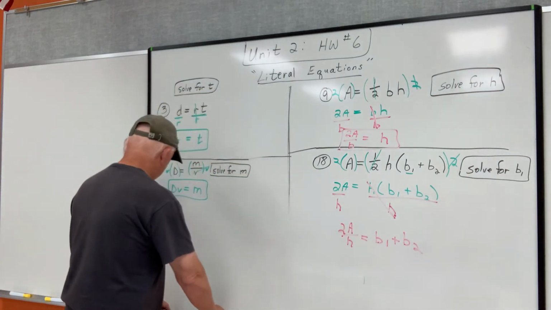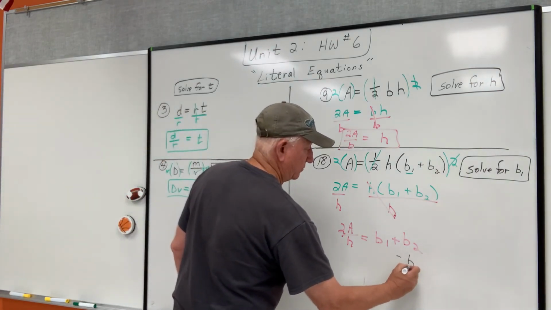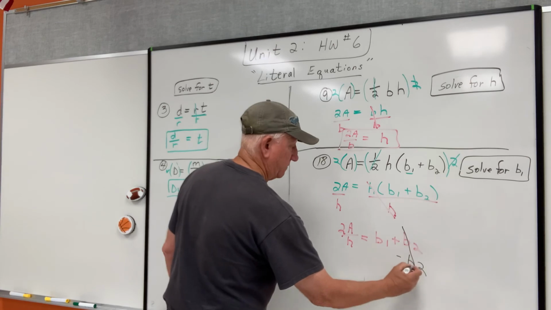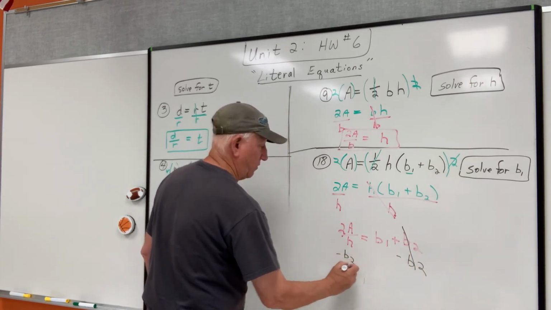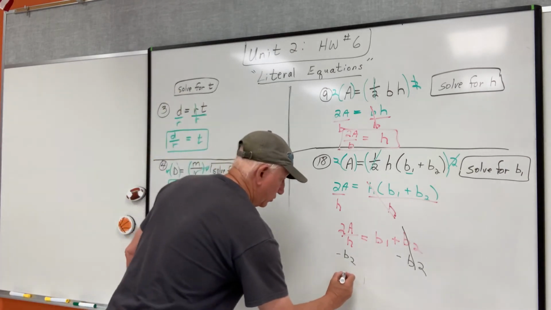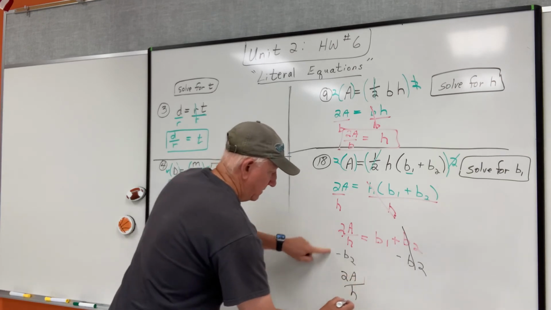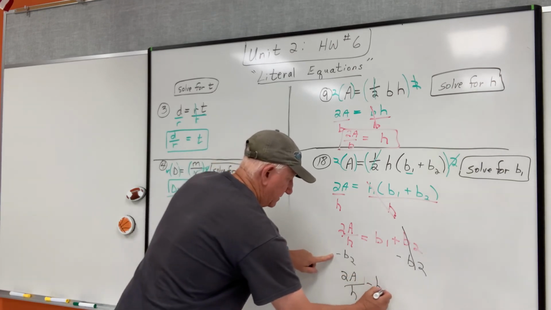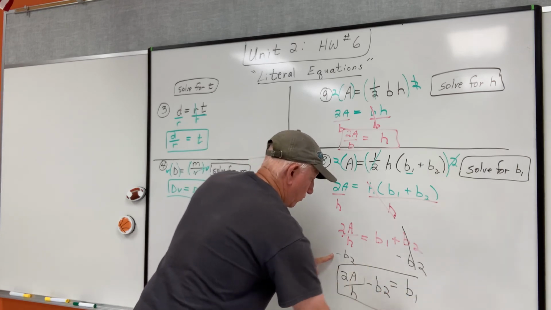So we need to subtract b2 so we can get rid of it. We've got to do it over here too, though. We need to subtract b2 over here. So what we're going to have is 2a over h minus b2 equals b1.